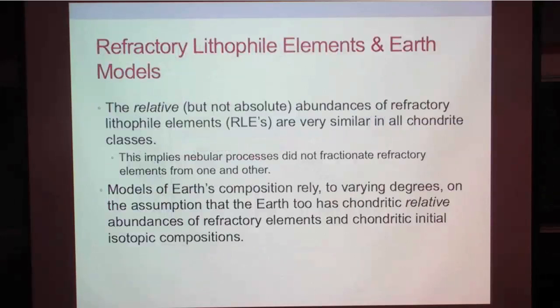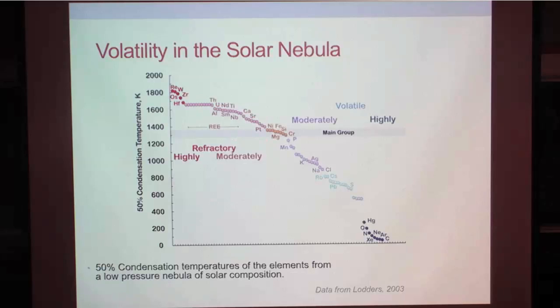For the refractory lithophiles, we'd expect the silicate Earth to have similar relative abundances to the chondrites, because they're not fractionated in chondrites. They shouldn't have been fractionated in the Earth. And models of Earth composition rely to varying degrees on that assumption that the Earth too has chondritic relative abundances of those refractory lithophile elements.